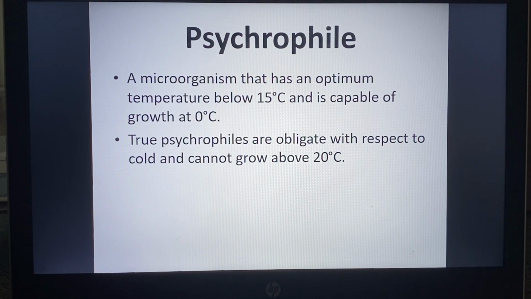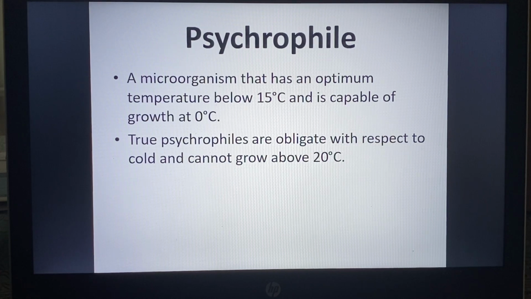And typically, a psychrophile is going to grow at about like the temperature of your refrigerator or like the dairy case at the grocery store, okay? For example, you might hear about a bacteria called Listeria. And Listeria is a psychrophile. It grows best in the refrigerator.